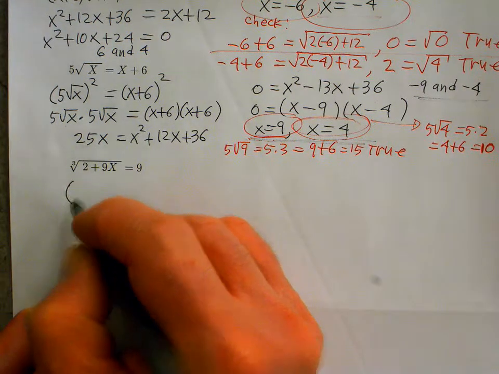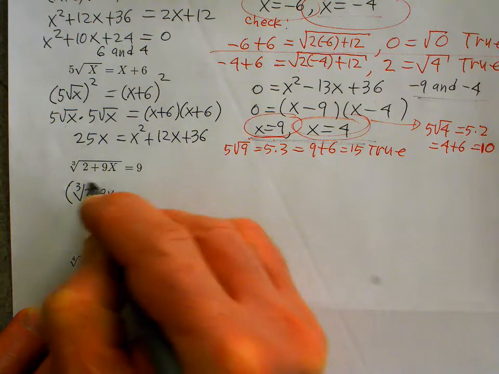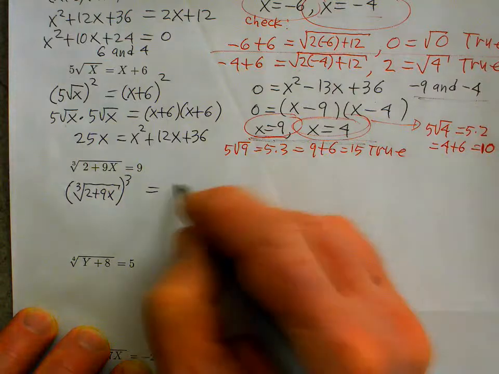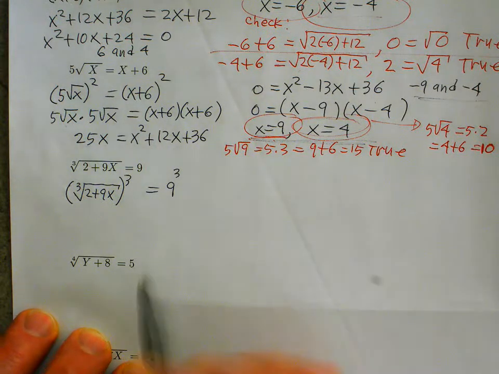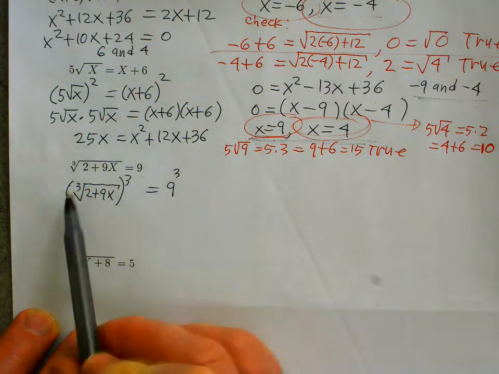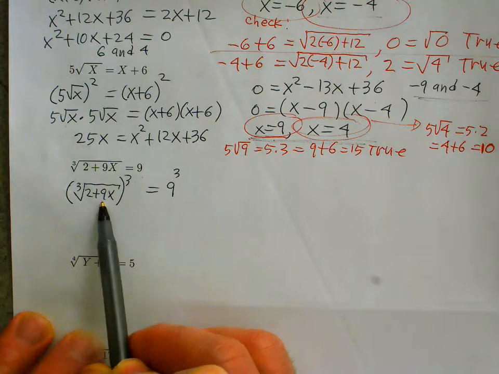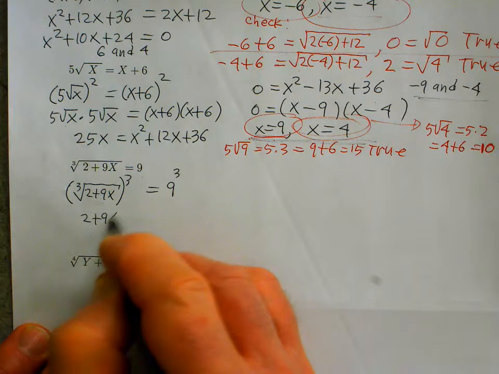So we're going to raise the cube root of 2 plus 9x to the third power, and raise the right-hand side, 9, to the third power. The cube of a cube root of something is just that something. So the left-hand side simplifies to 2 plus 9x.